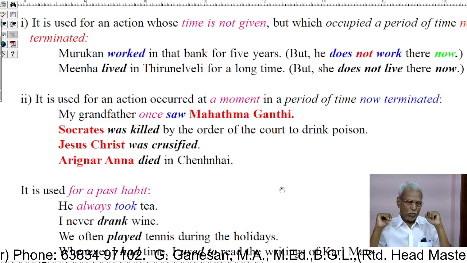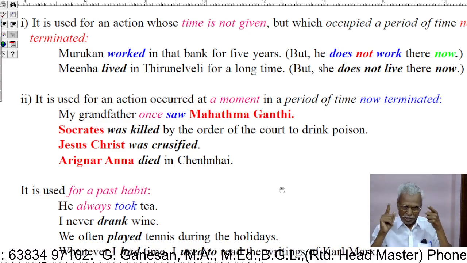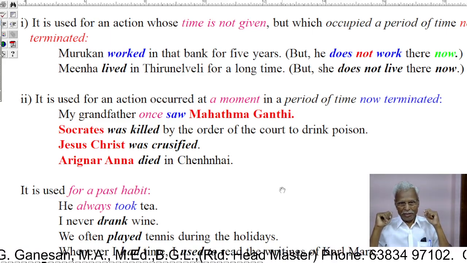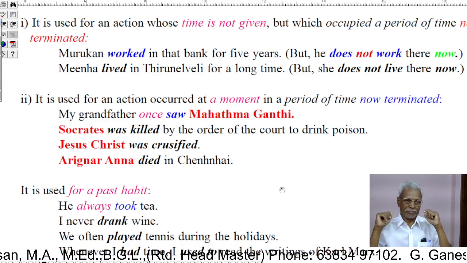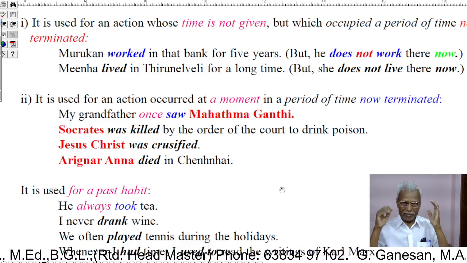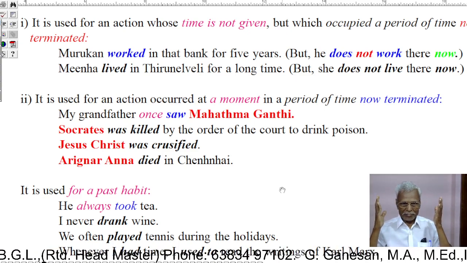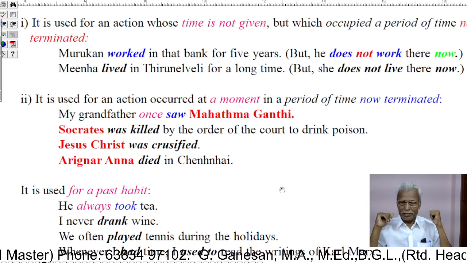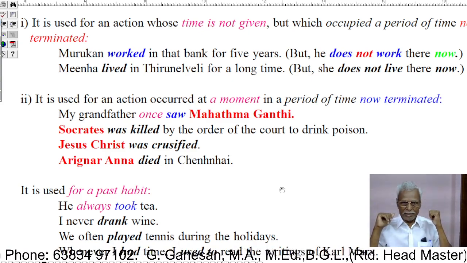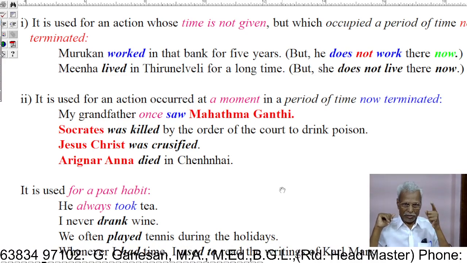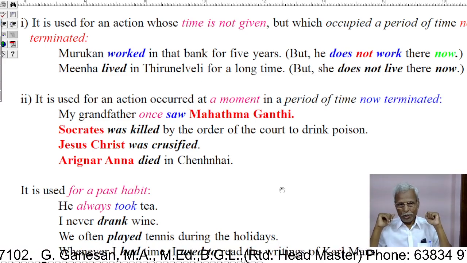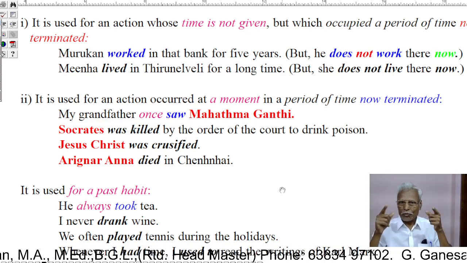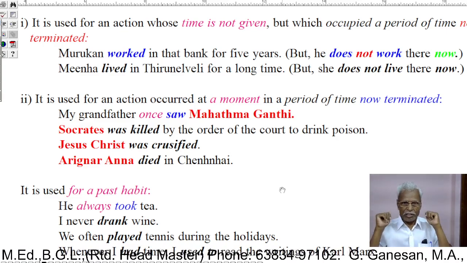That is, Socrates, the greatest man of wisdom, was murdered by the indecent judiciary of Athens. So Socrates was killed by the order of the court to drink poison. He was forced to drink poison and he died and finished his life.